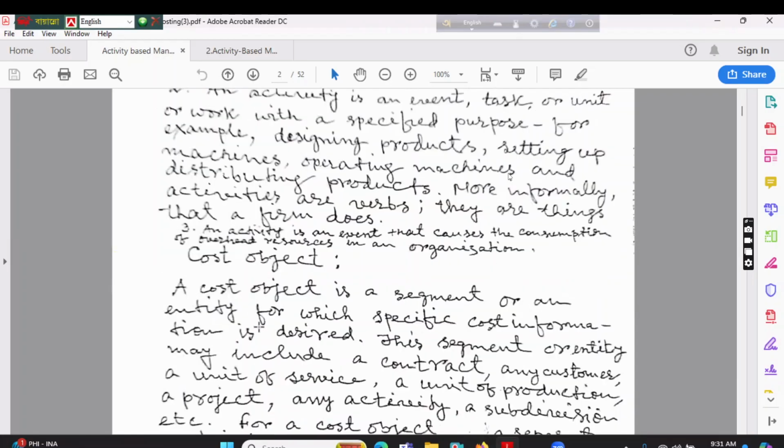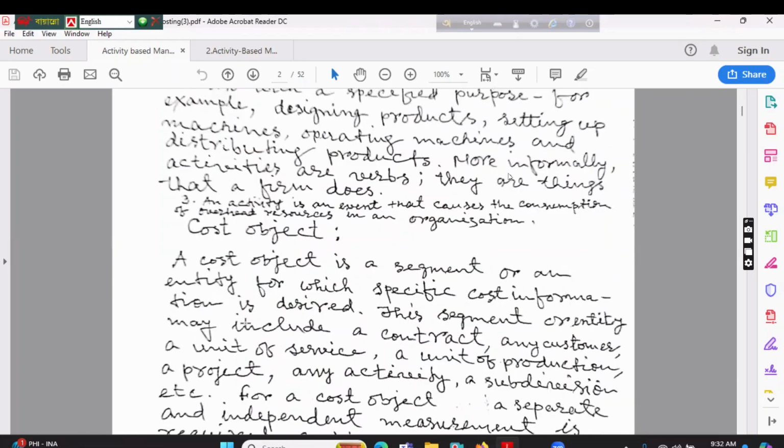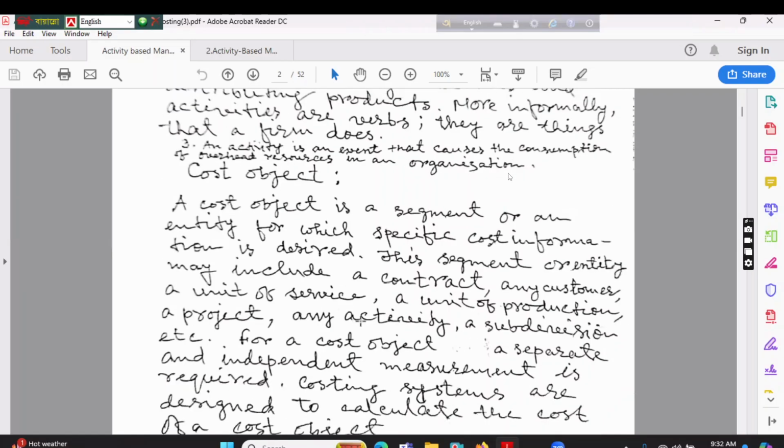Now, cost object. We need to know the concept of cost object. A cost object is a segment or an entity for which specific cost information is desired.